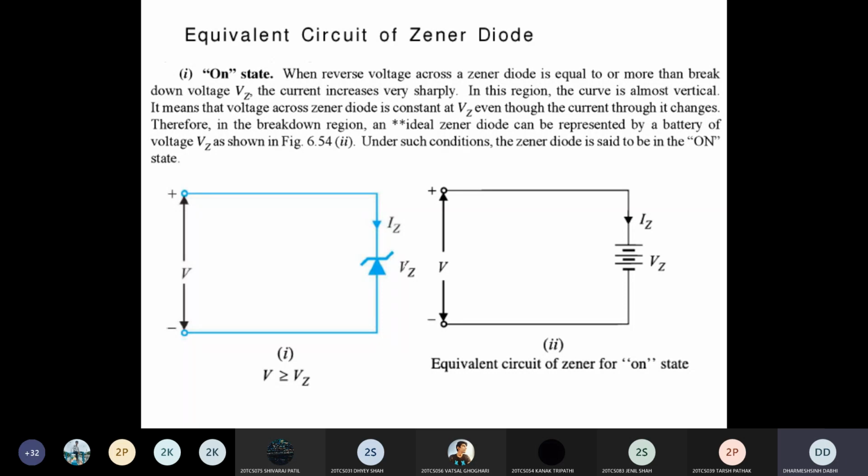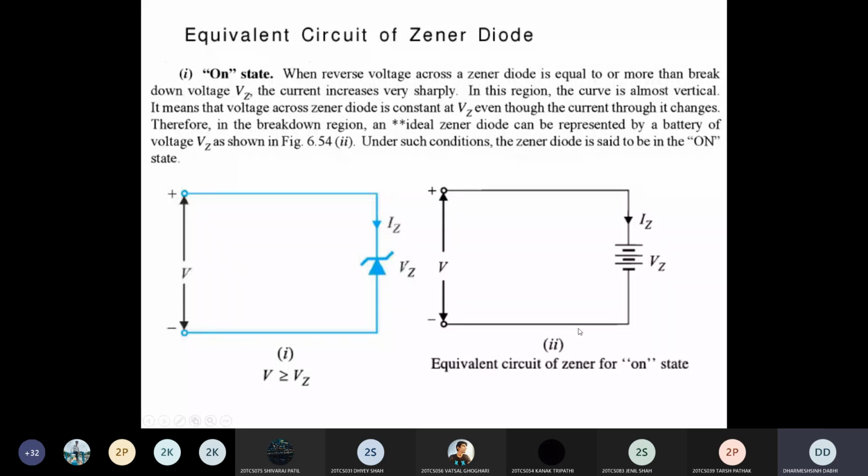Clear? As we increase the supply voltage up to 20 volt, the Zener voltage only changes between 7.3 and 7.5 volt. Clear? So it is a very small change, but it remains almost constant. Because of that, it is represented by a battery here. So this is the equivalent circuit of the Zener diode when it is in the on condition.